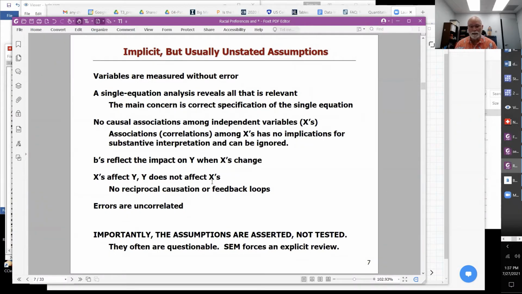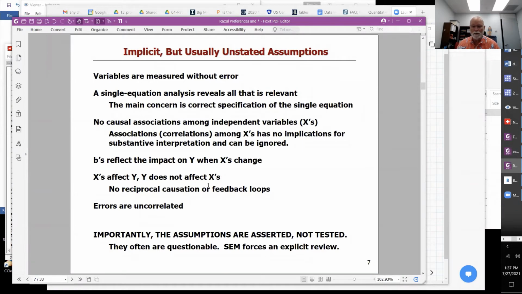Sometimes it does. And then there's another way of thinking about it. Could there be a feedback loop? Maybe Y doesn't act back directly on X, but maybe it acts on some other variables, and they in turn are causally connected to the X of interest, and that creates a feedback loop, which means that in a broader way, there is a reciprocal effect.